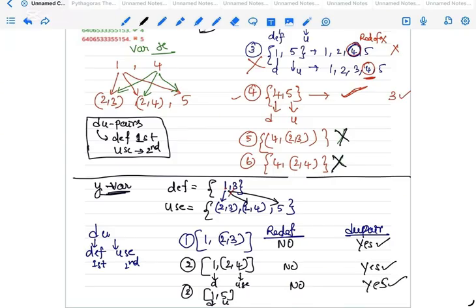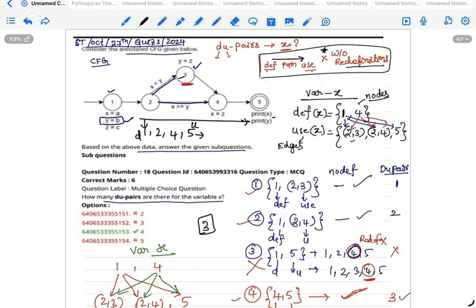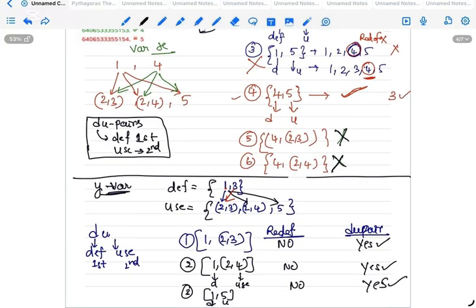Next, 3 2 2 3. Here 3 is the definition and 2 3 is the use, but the use comes first and the definition second, so it is not a valid path for the variable y, not x. So 2 to 3 is not possible, and 3 2 2 3 is not a valid du pair.